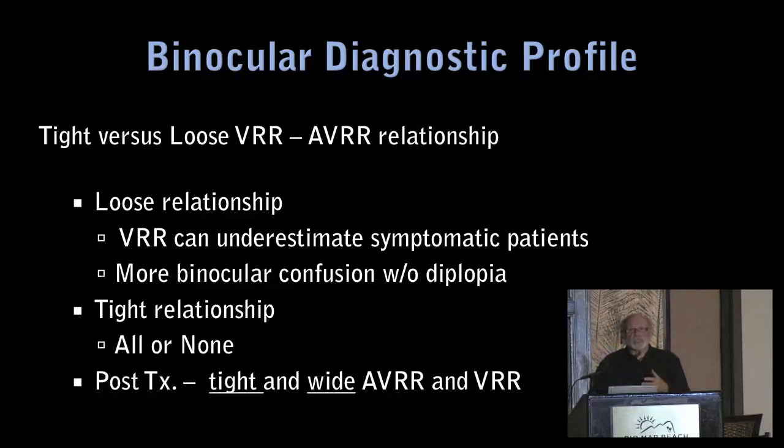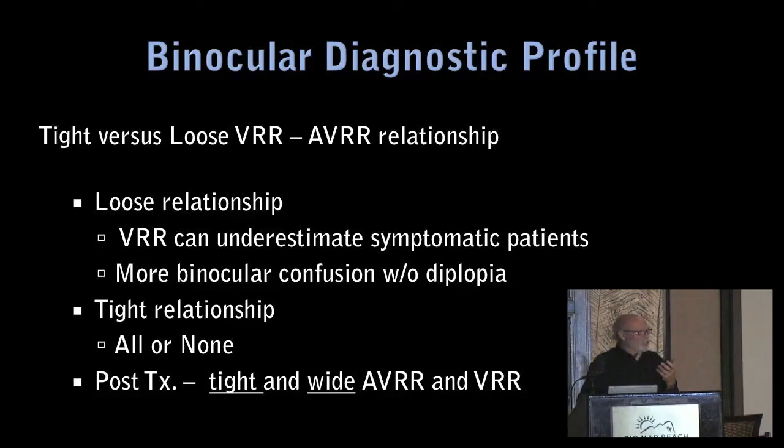So I think the important thing is this loose relationship can give us the impression that the patient does not have a binocular dysfunction, and yet they can have a very difficult problem with binocular vision. But it isn't reflected until the associated divergence measure uncovers it. There is more binocular confusion without a stated diplopia.